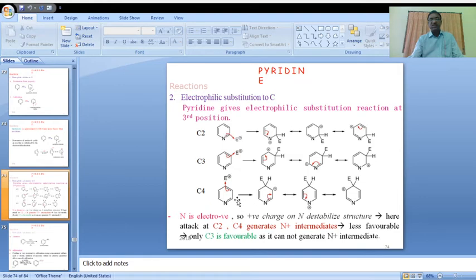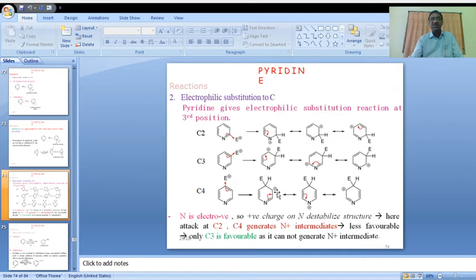Now we'll go to C4 position, when the electrophile attacks on C4th carbon. Here please observe. In between C3-C4, the pi bond cleavage takes place. The electron moves to the C4th side, attack of electrophile E plus on C4.